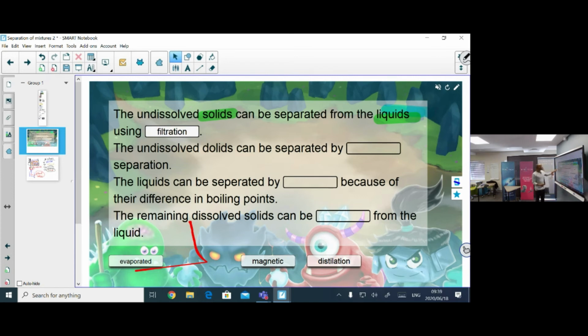And how can we separate the undissolved solids? In our undissolved solids, we have sand and iron. How can we separate the two? It's solids. We are going to exploit a property within them in order to separate them. Because we have iron and we know iron is magnetic, we're going to use magnetic separation. You remember that? Yes, we're going to use magnetism to separate them.